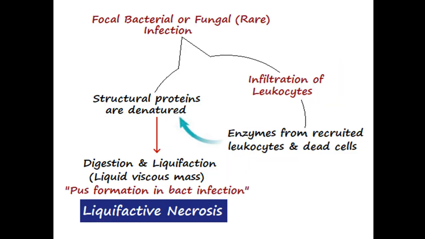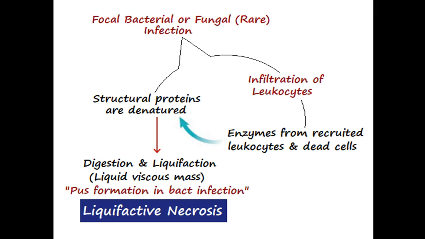The second type of necrosis is the liquefactive necrosis. By liquefactive, it means that the necrotic tissue is transformed into a liquid mass. The liquefactive necrosis is most commonly seen in focal bacterial and rarely fungal infections.